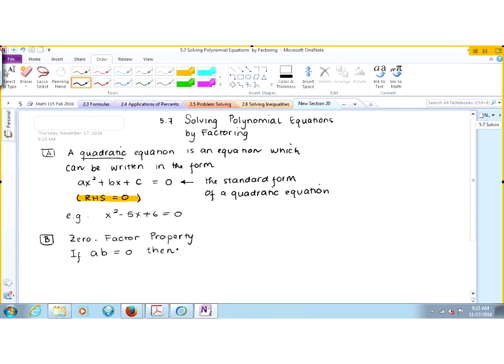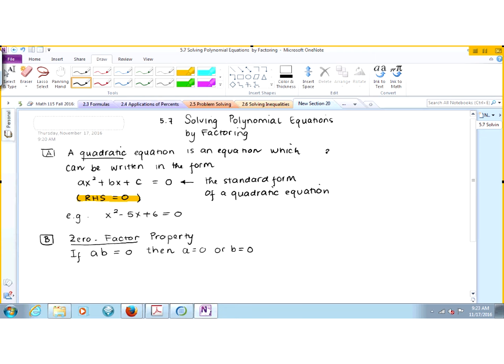If the product of two numbers is equal to 0, then what must be true? Then a might be 0 or b is equal to 0. So this property is called the zero factor property, and this is the one that we're going to use to solve the quadratic equation.